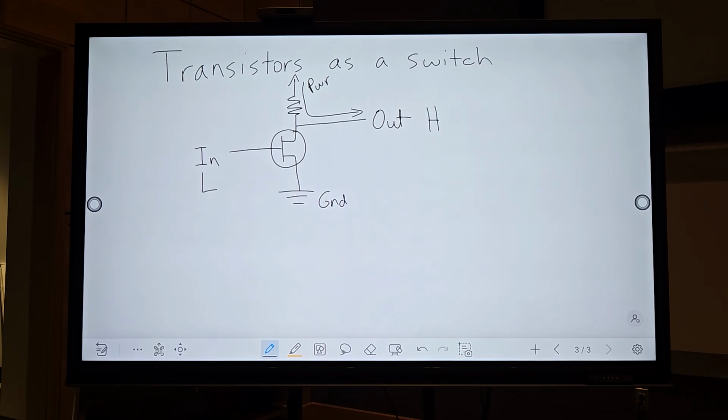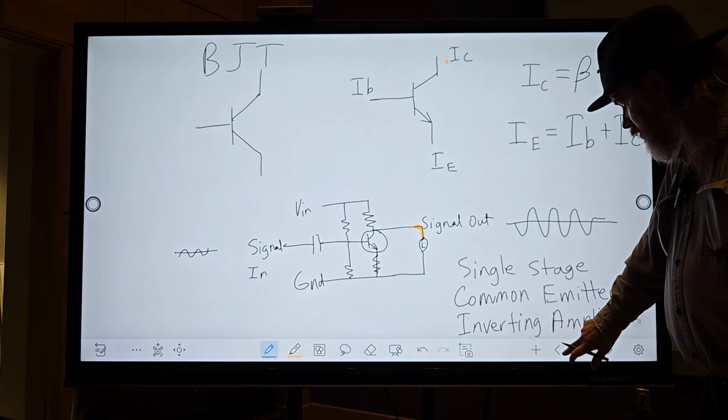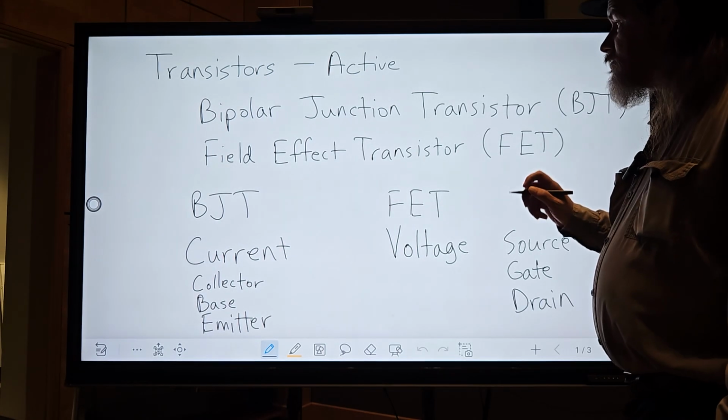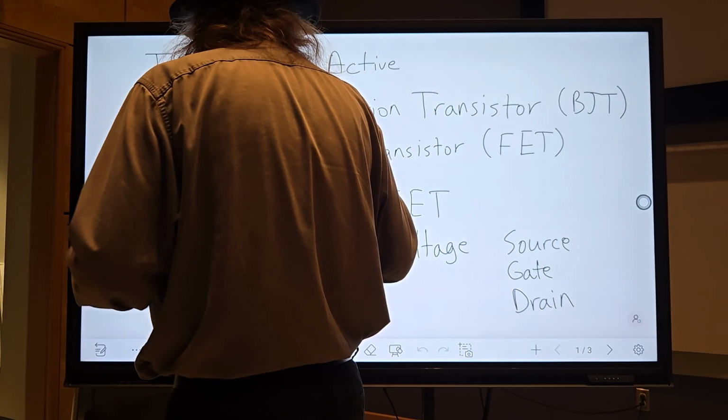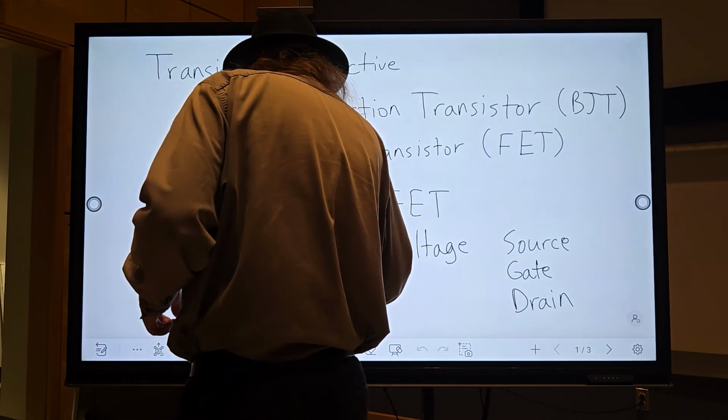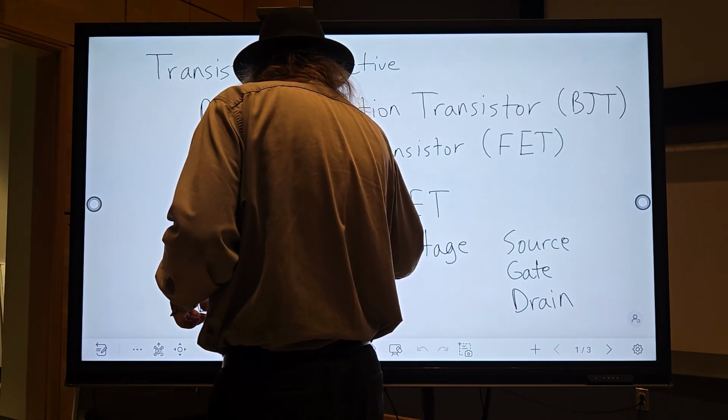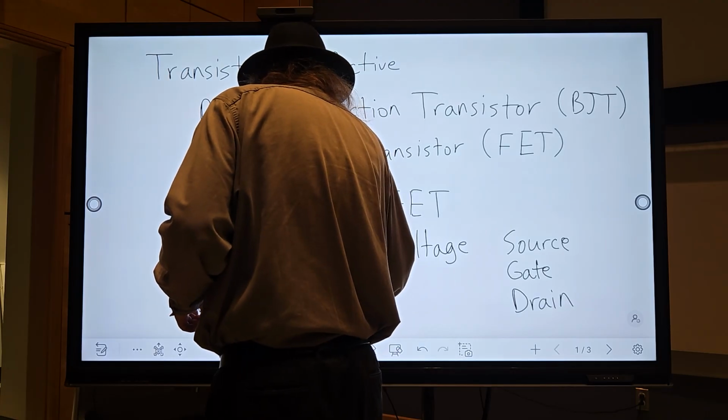Let's see here. Oh, we can go back to the first page. There are two types of BJT transistors, NPN and PNP.